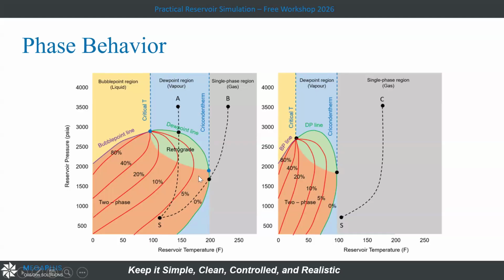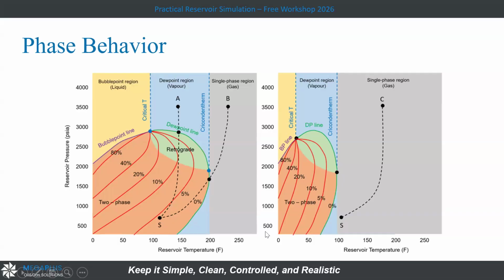So each fluid will have a shape like this that can explain the liquid to gas percentage. If we have the bubble point here in the liquid phase, the bubble will start at this condition, and then when the pressure declines, gas will evolve, and then 80% to 40% and 20%, and then it will decrease like that.